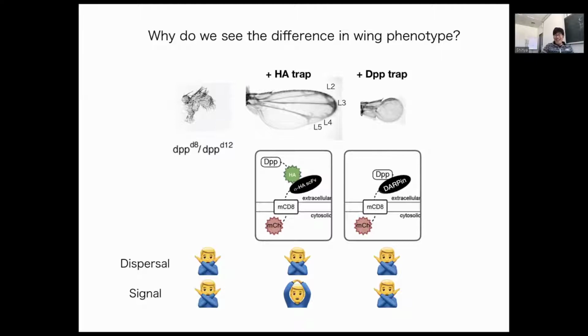Why? And of course, it took me some time, but it's interesting to think why the phenotype is there. So you try to explain why you see this difference. And now we come up with this idea that you see distinct functions of dispersal and signaling. And this provides a very interesting indication.